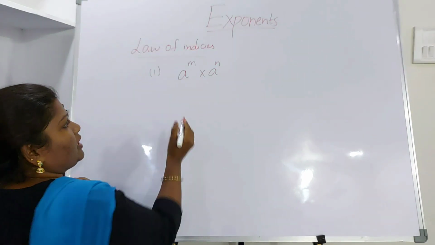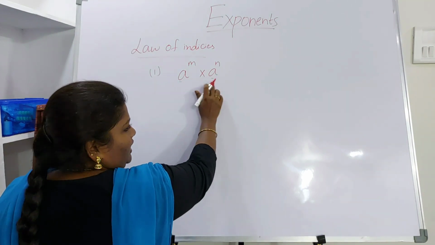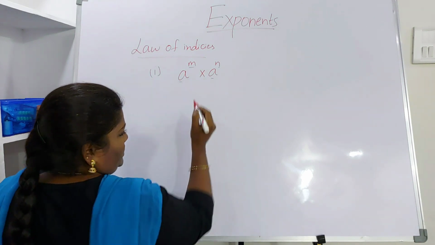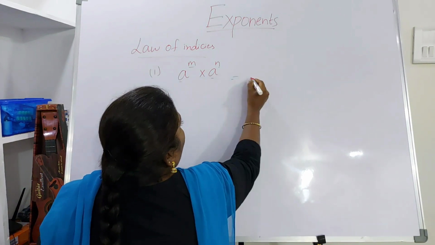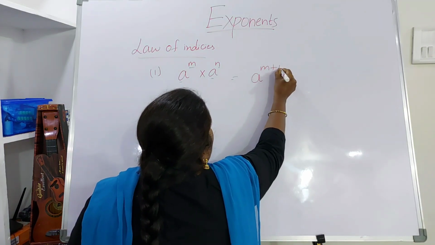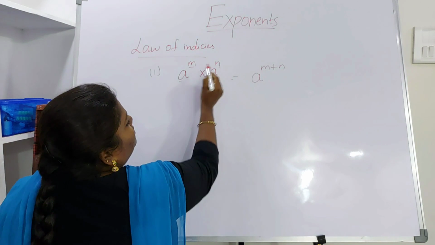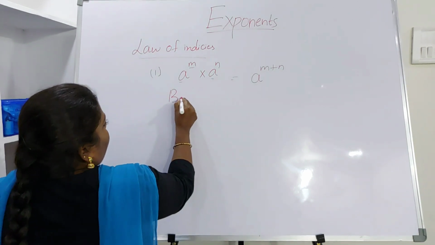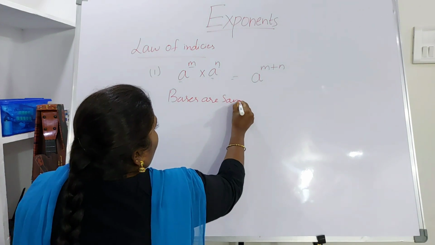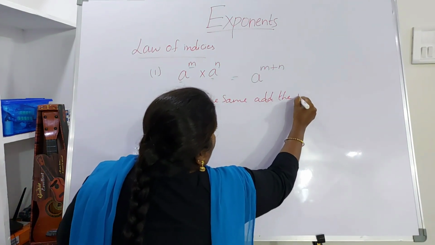Here you can observe that the bases of the two terms are the same and the powers are varying. In this case the formula will be a to the power of m plus n. So when bases are same, add the powers.